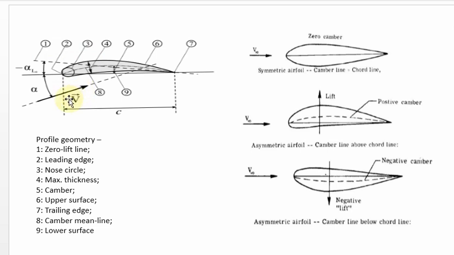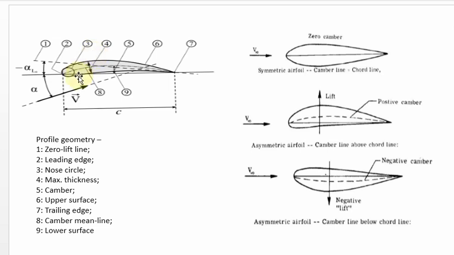See here in this picture, this is my free stream velocity line and this is my chord line, because the line is joining the leading edge and trailing edge. The angle between the free stream velocity line and the chord line is called the angle of attack alpha, the geometric angle of attack alpha. Suppose I have it like this, I have lift value.